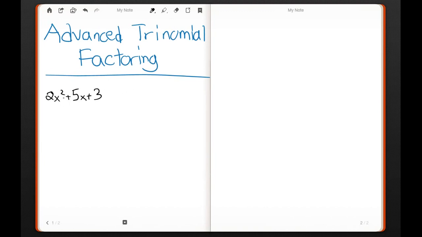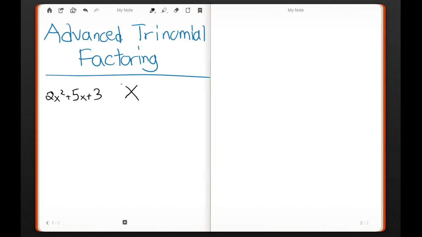So here is how we factor this. Start by drawing an x like this. On each end of this x, we're going to place a number. So these are like 4 slots. In the first 2 slots on the left of the x, we're going to put factors of 2, so 2 numbers that multiply to 2.